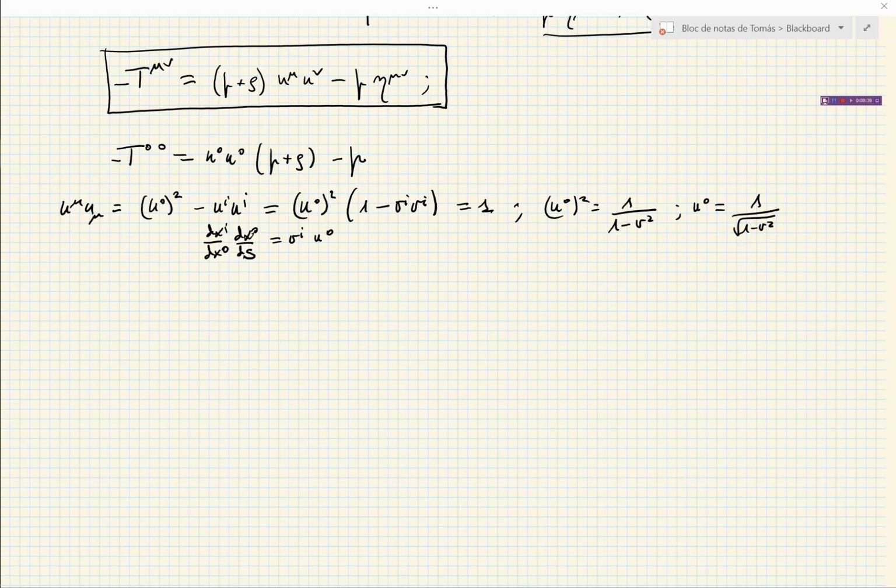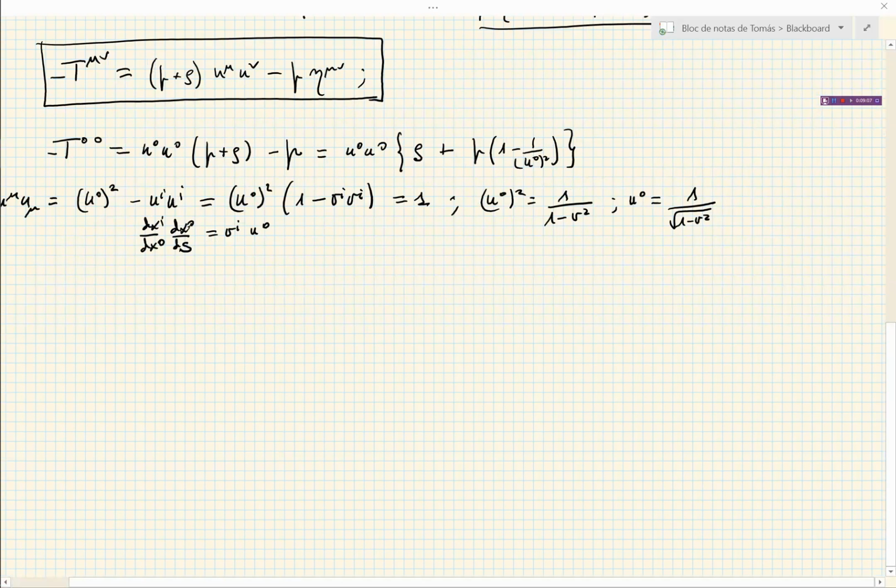So if I write this here, first I take u0 as common factor over everything, and I have rho plus p, and then I have 1 minus 1 divided by u0 squared. This is the only thing I get when I take u0 as a common factor.